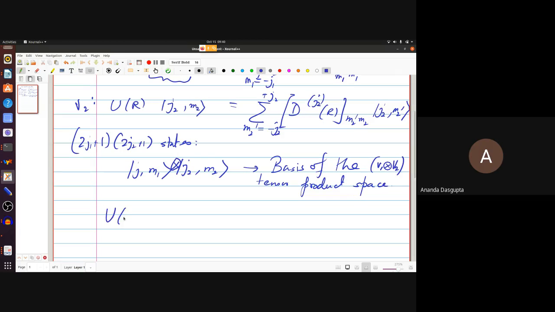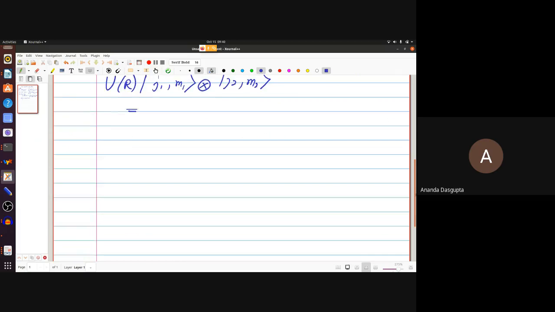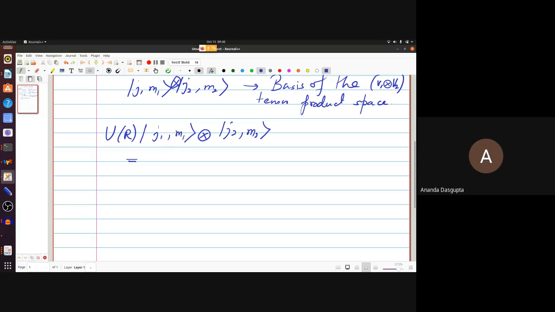So when you rotate your coordinate system and ask the question, what happens to the tensor product space? Of course, you answer this by looking at what happens to the basis vectors of the tensor product space. If you know what happens to the basis vectors, you know what happens to every vector. What will happen here is simply that J1 M1 will rotate on its own, J2 M2 will rotate on its own. So this one will pick up a factor of D^J1 M1' M1, this one will pick up a factor of D^J2 M2' M2.